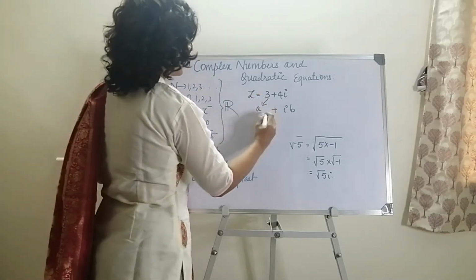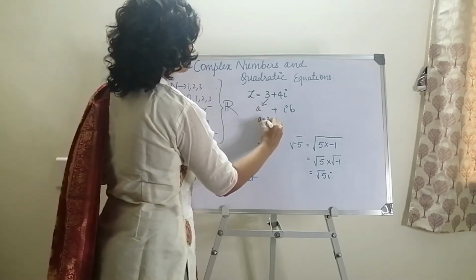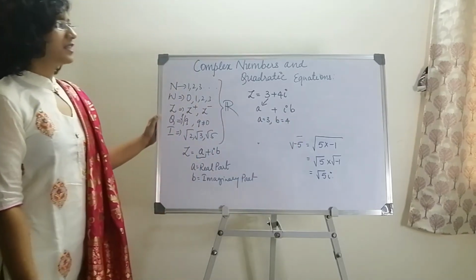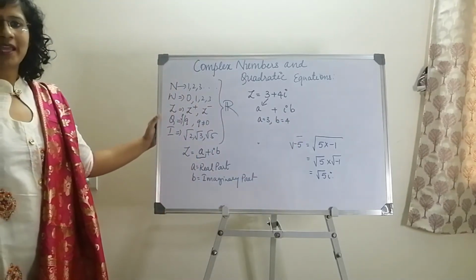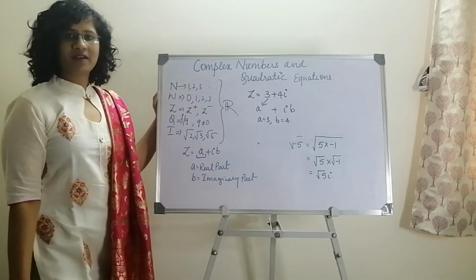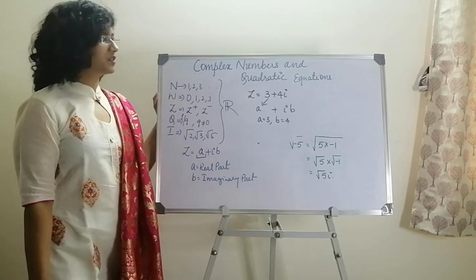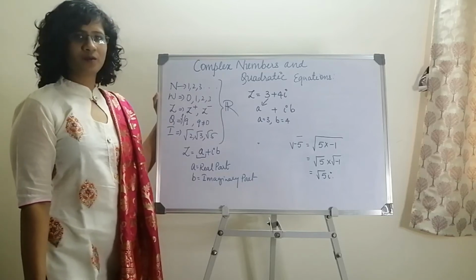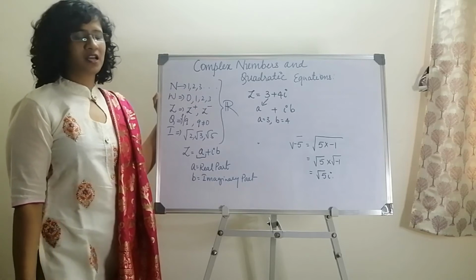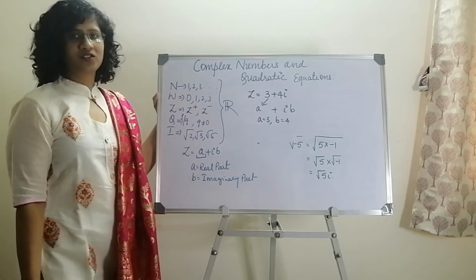So here a is equal to 3 and b is equal to 4. Therefore, 3 plus 4i becomes my complex number. Hope you all have understood. If you haven't understood any part of this video, please pause the video, get your concepts clear and then only proceed, because concept is our strength.